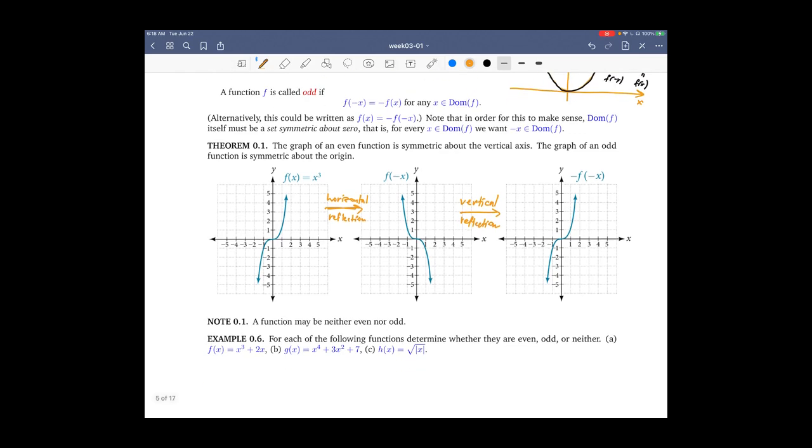And as you see, after these two transformations, first horizontal reflection, then vertical, or we could do vertical reflection first, then horizontal, we do end up with the same graph as the original one. Algebraically, that simply means that negative of the cube of negative x is, as you can immediately see, the same as x cubed, which is f at x.